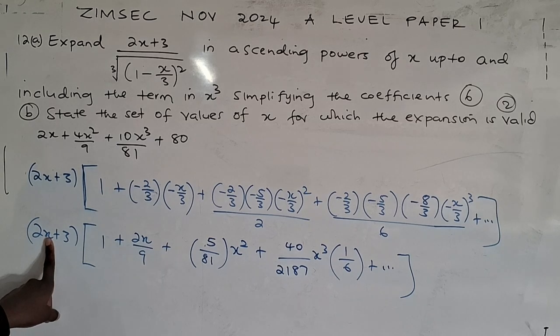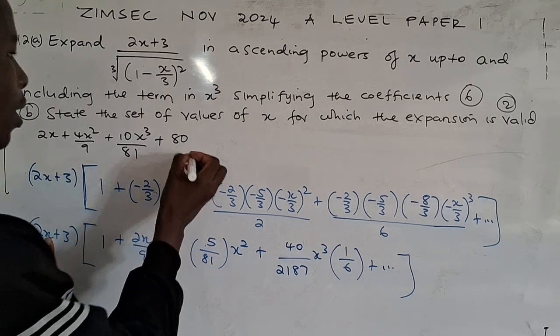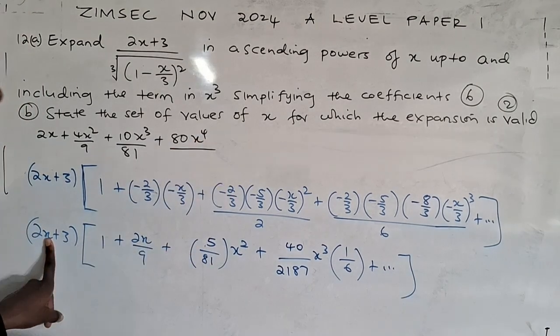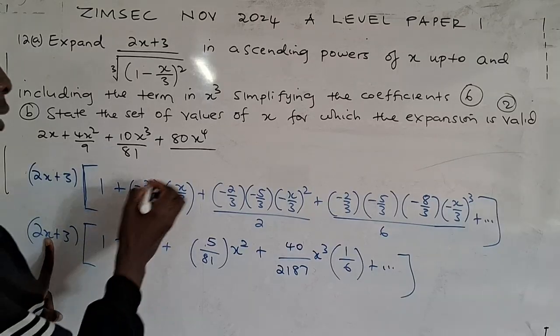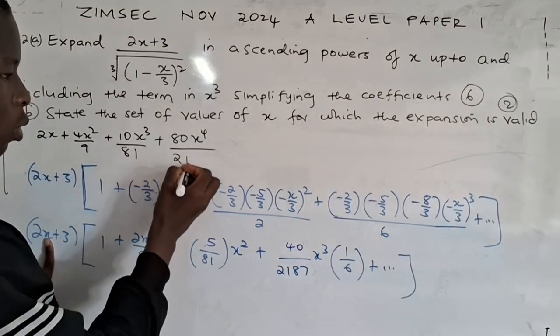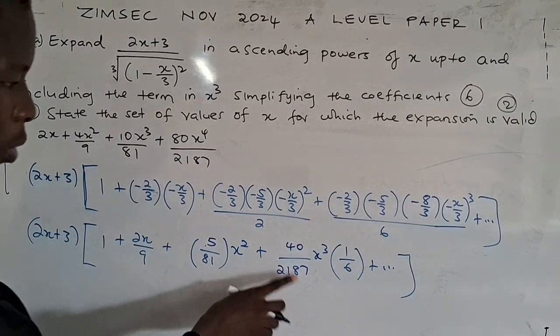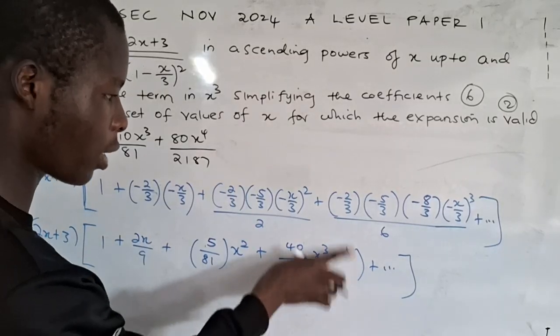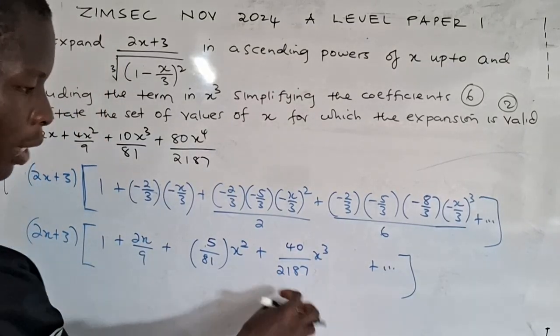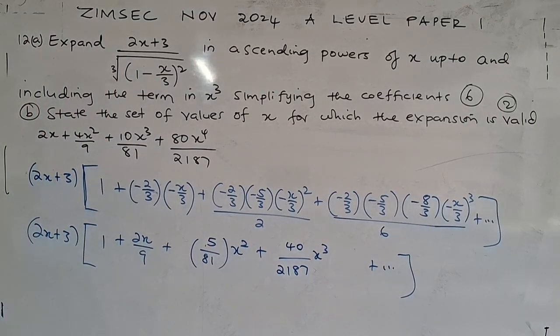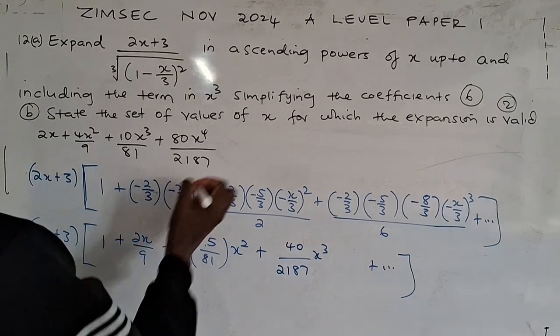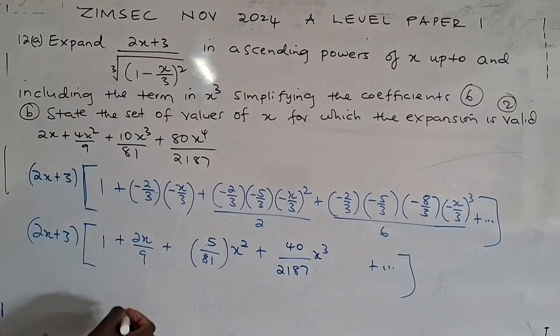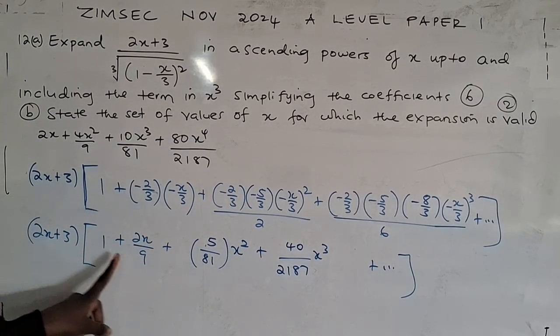Okay, now 2x multiplied by this one, so 2 into 40, this is nothing but 80. Okay, so this is 80x to the power 4 divided by, what is this? This is nothing but 2187. So the moment you multiply now, this 1 over 6 will go. Now, what are you supposed to do now? You are supposed to multiply this by 3.